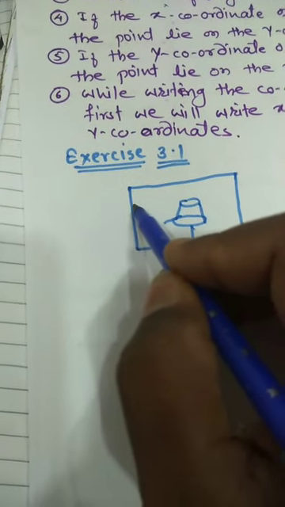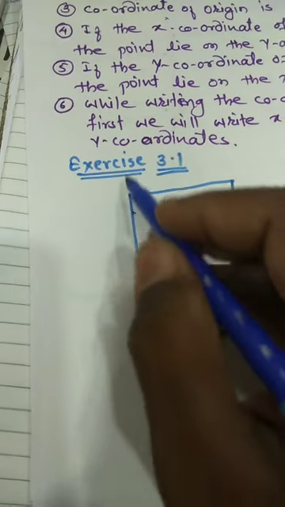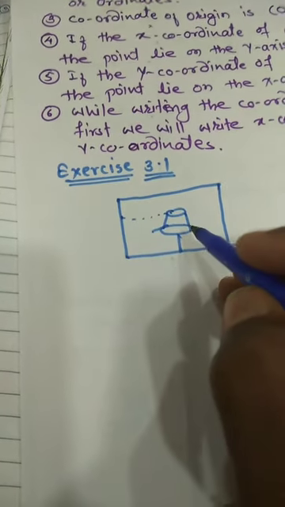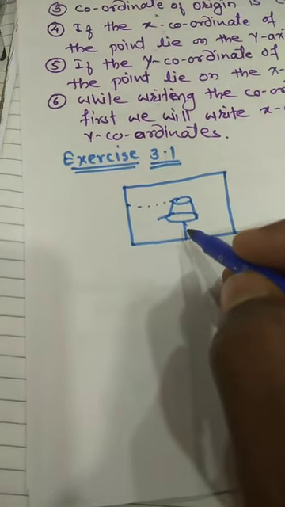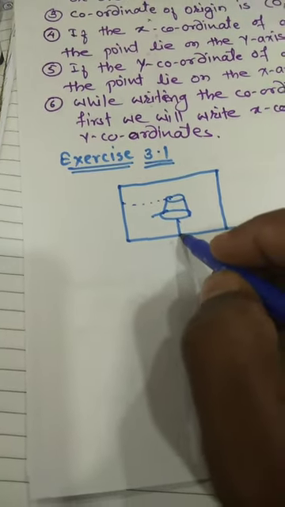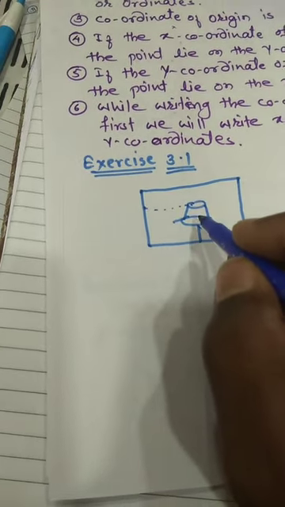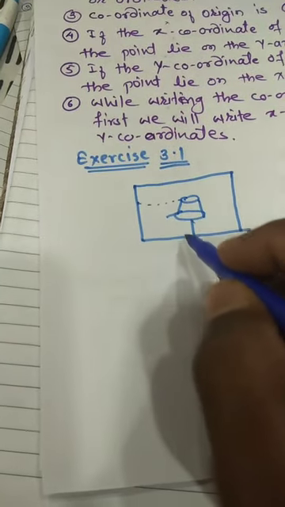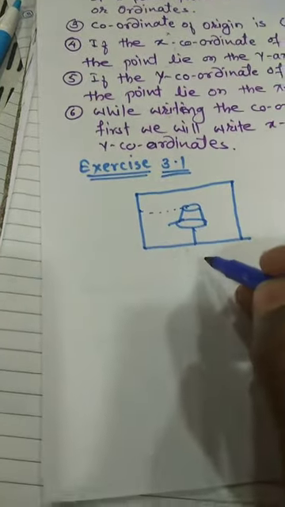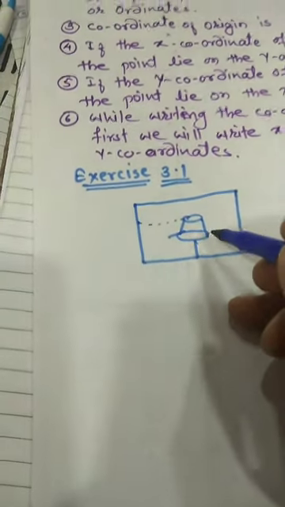The position of the table lamp from the y-axis is the x coordinate, and the position of the table lamp from the x-axis is the perpendicular distance. So we draw perpendiculars from the table lamp to both axes, and you will get the two coordinates, x and y. That is the exact position of the table lamp.